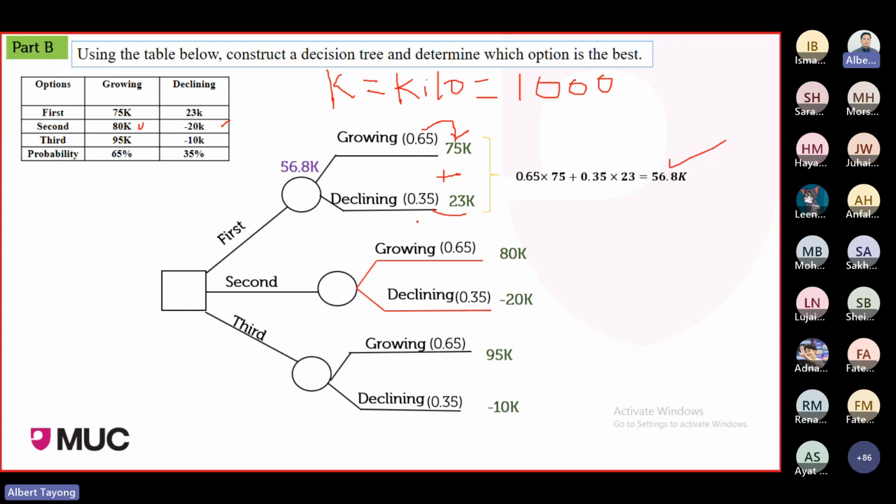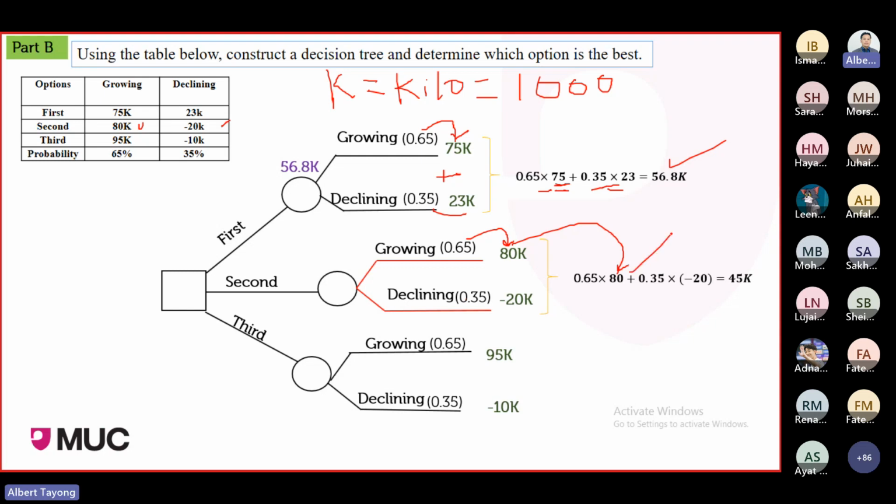So you have to put it here. And similarly, you have to do the same thing here. 0.65 times 80. You don't need to put the K here. Just put the numerical coefficient, 80 and negative 20.